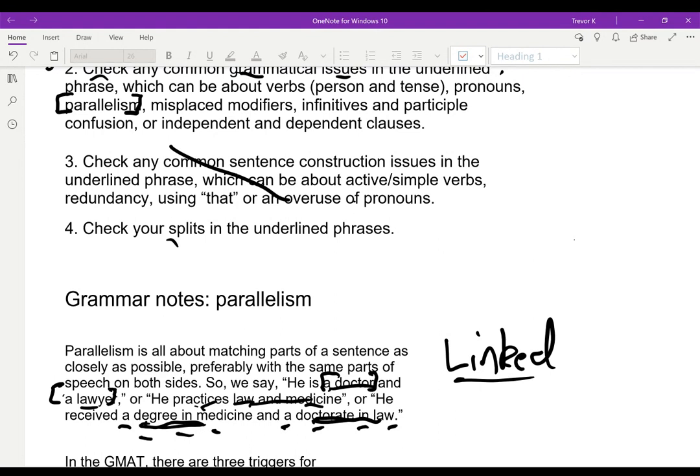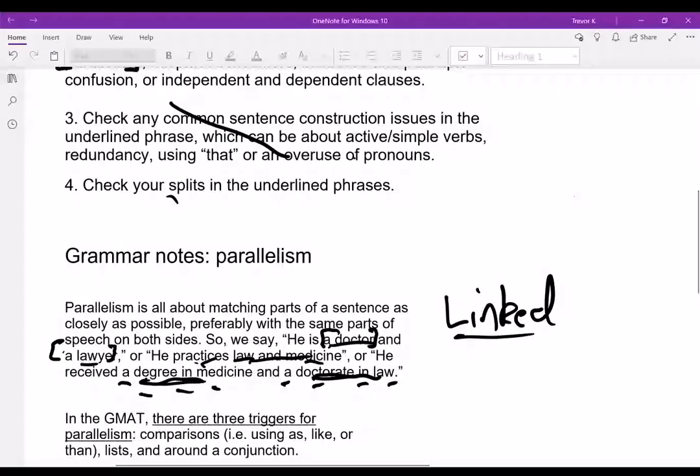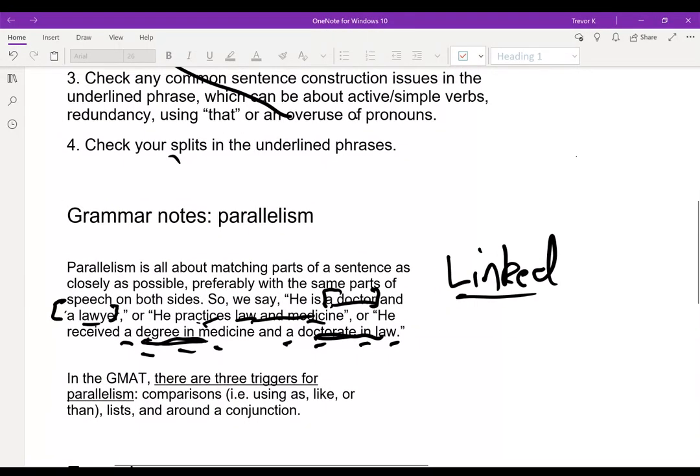Now, for the GMAT, and also in normal English, when do we want to make clear things are connected? Well, when I have my 3 triggers. These are literally the only 3 triggers in the GMAT for parallelism: comparisons, lists, and conjunctions. Let's go through these one by one.